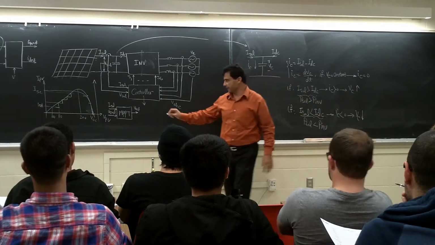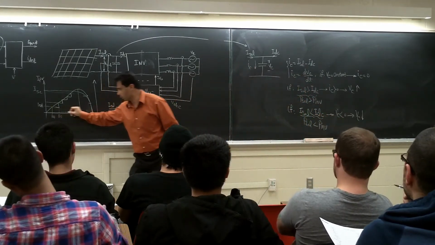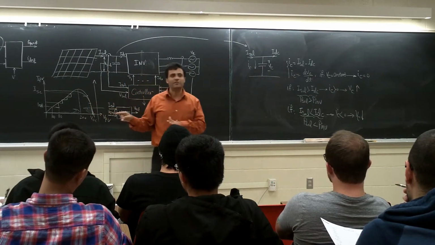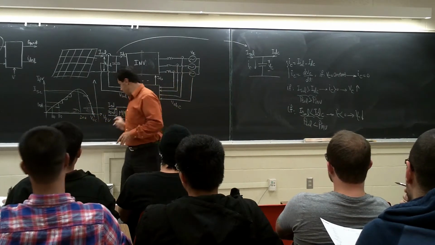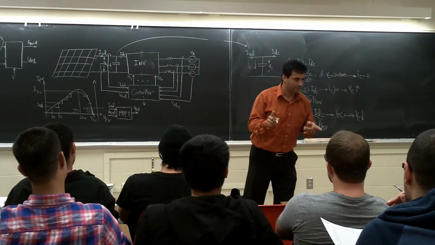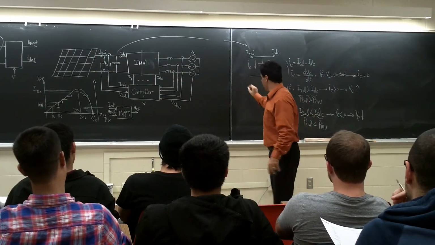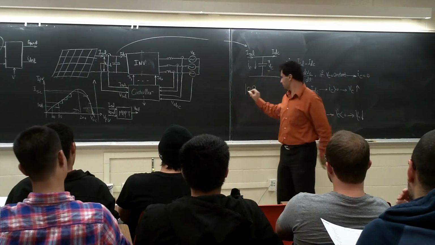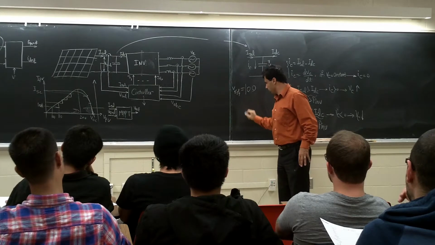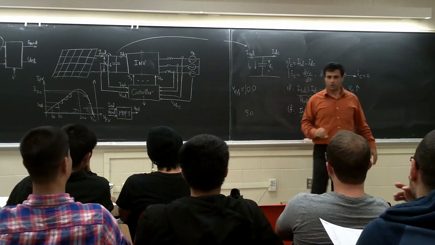So basically, I can make this one go either this way or that way. Who is going to tell me which way to go? The MPPT algorithm is going to give me the VREF. It says VREF 100. Where I am right now, this is VREF. I am at 50 volts right now. What does it mean?